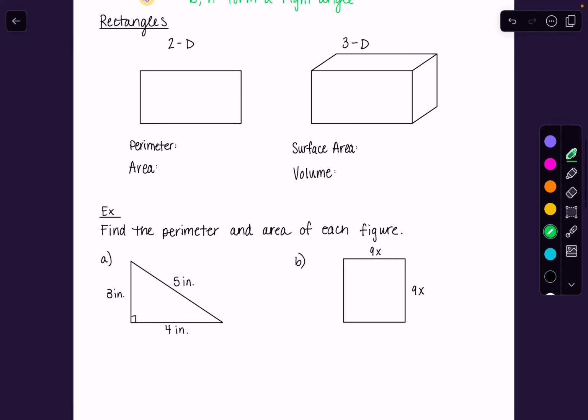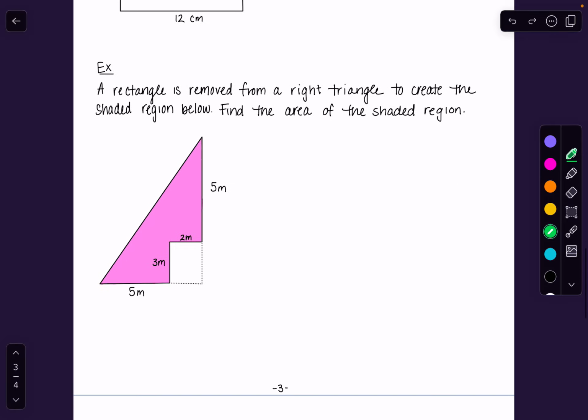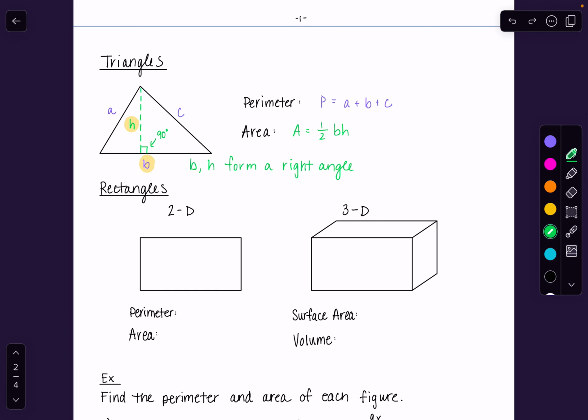So just to kind of show you though, a lot of times what you're going to see is a clear-cut indication that there is a right angle within here, or even over here, you can assume that the angles here are going to be sharp 90-degree angles. Okay. Now moving on to rectangles, we have two different sides here.